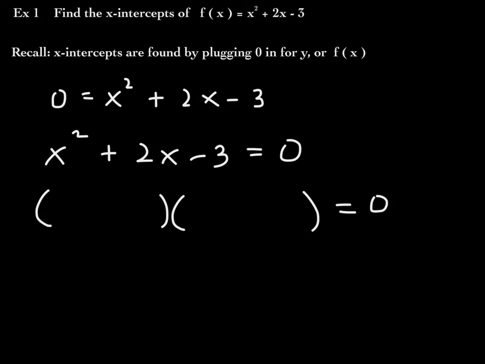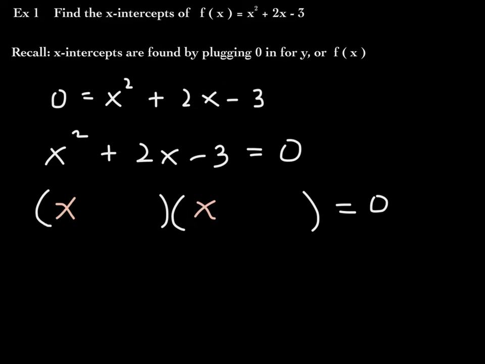Now, we know that whatever you write here and here, when you distribute, must multiply to give you your leading term, x squared. So the question is, what times what gives me x squared? You should be thinking, well, x times x gives me x squared. So that's exactly how this factorization begins.